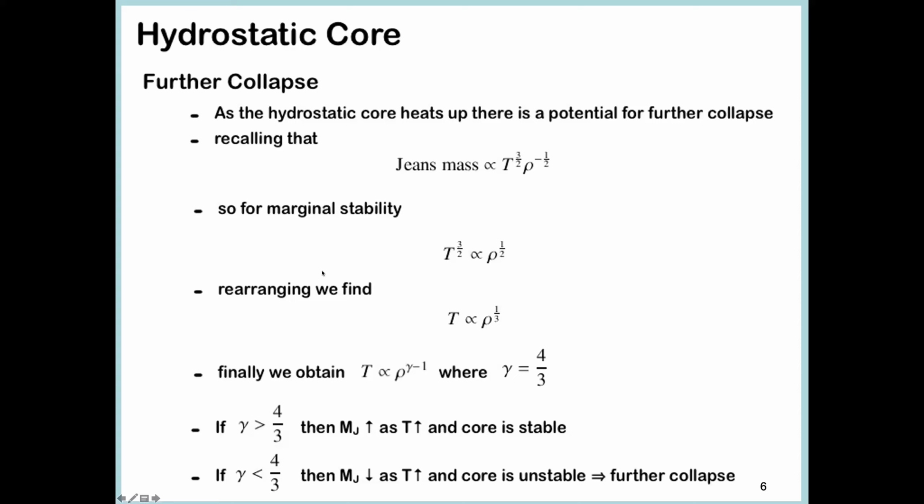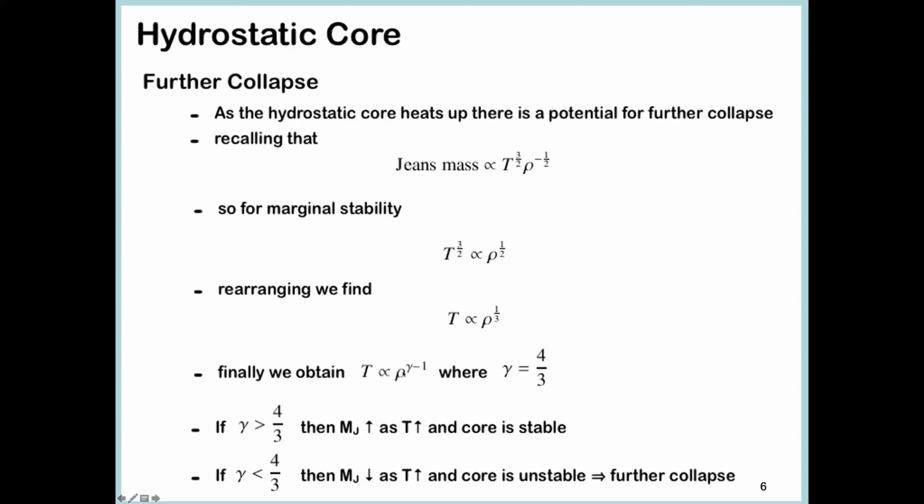And so to have marginal stability, always back to the envelope calculation, these two must balance, so T to the 3.5 must be proportional to rho to the 1/2. We can rearrange this to avoid the power on the temperature, so you see that T must be proportional to rho to the 1/3.